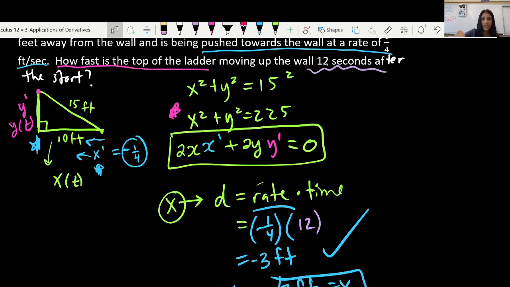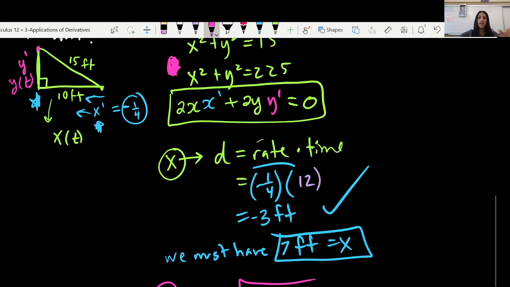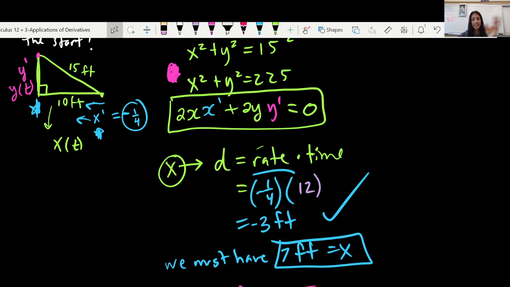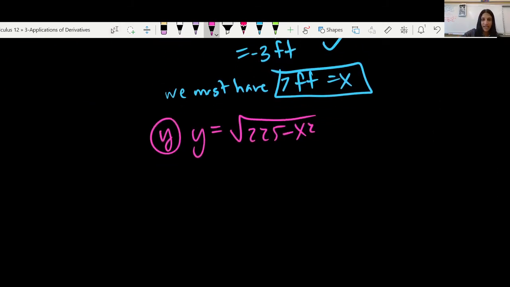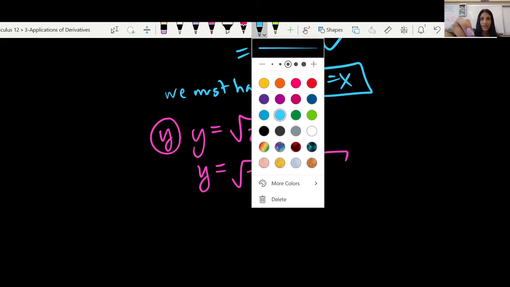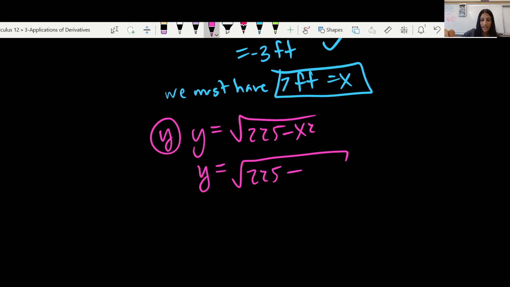So again, this is just me taking this Pythagorean theorem, x squared plus y squared equals 225, isolating the y and filling it in this way. So in order to get my y value, I would have 225, and I'll color code it again, minus this value we just found here, which is our 7 squared. Oh, I was supposed to do that in blue. There we go. So we end up with root 176 for our y value.